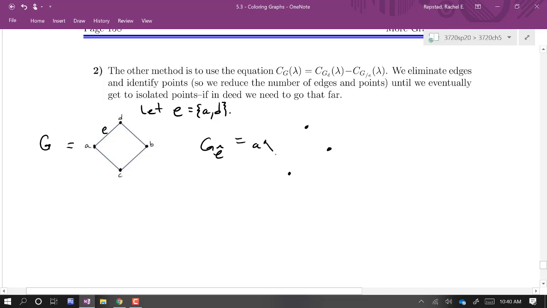I'm just going to remove that edge, but leave the vertices. Okay, and G mod E, if I squish A and D together to become the same vertex, then that ends up just looking like a triangle.